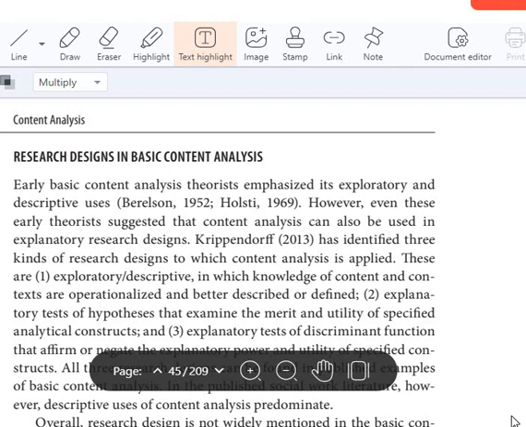Now, in its early stages, it is used as exploratory and descriptive. Okay, so the early basic content analysis theorists emphasized its exploratory and descriptive uses. These early theorists suggested that content analysis can also be used in explanatory. You can use it for explaining, so there's no problem.